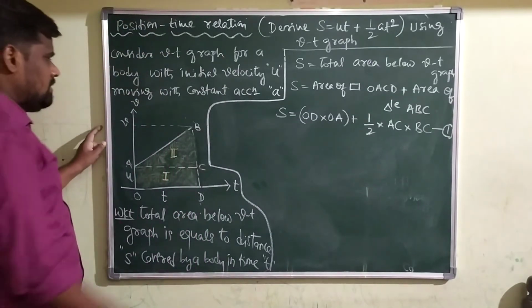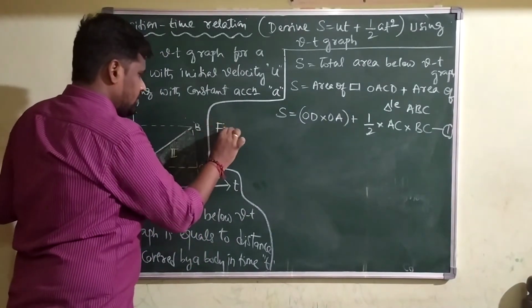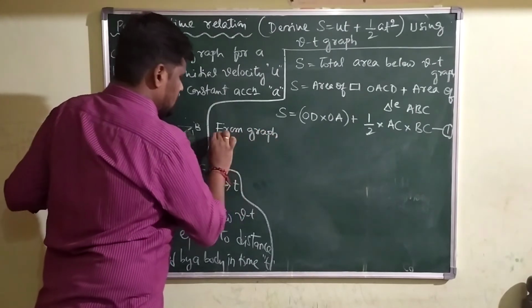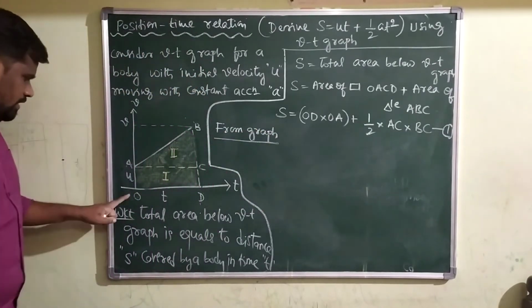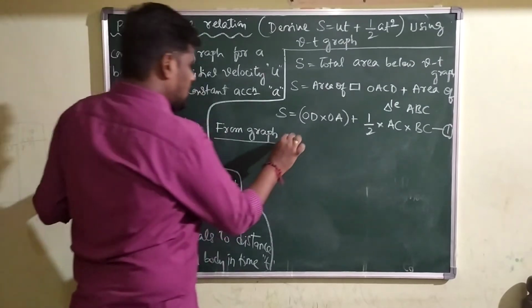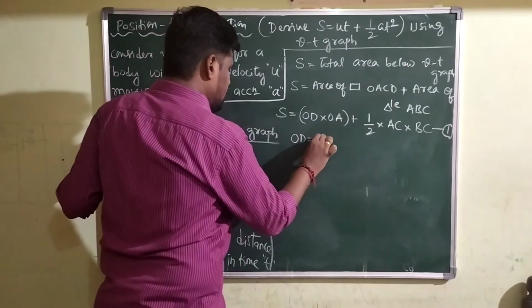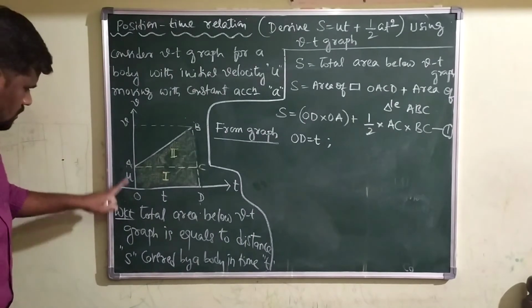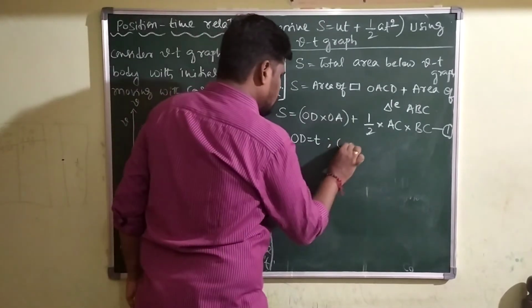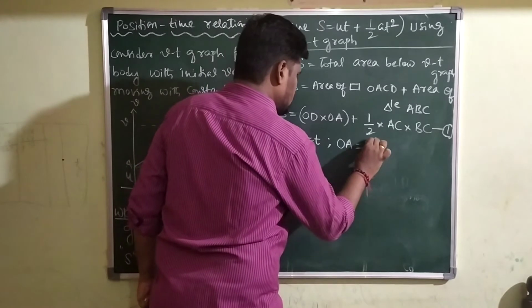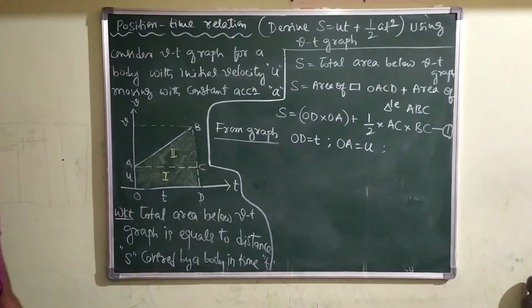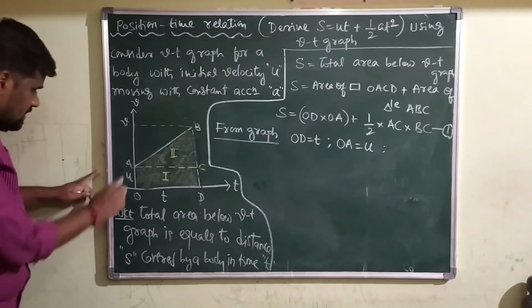Now, from the graph, tell me the values. What is OD? From the graph, OD equals T. What is OA? OA is equal to U. What is AC?